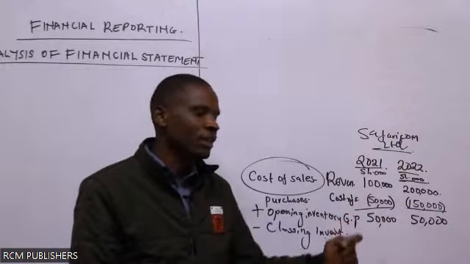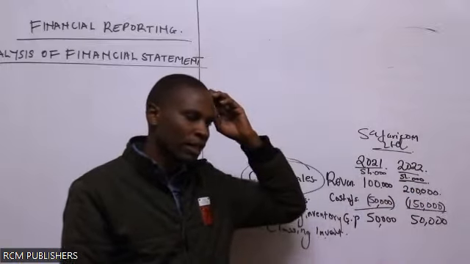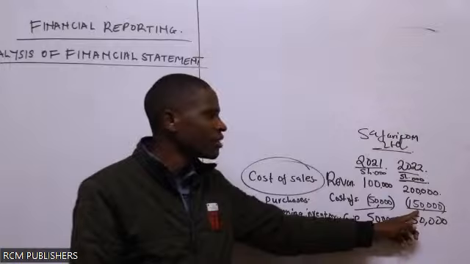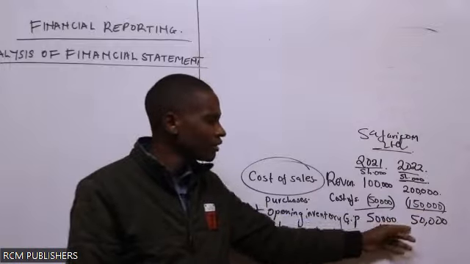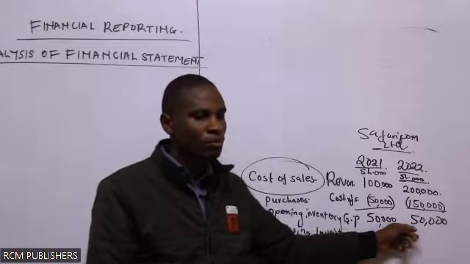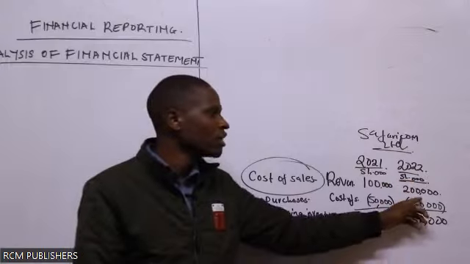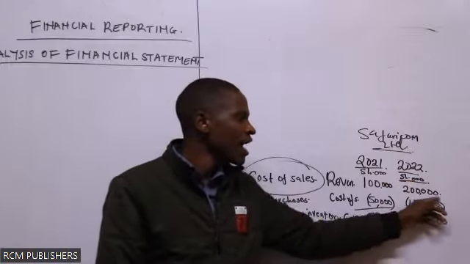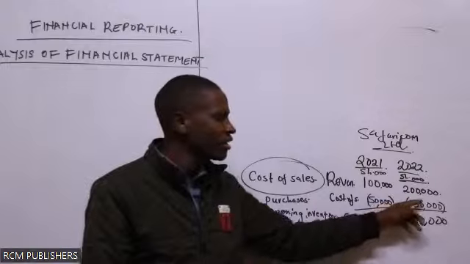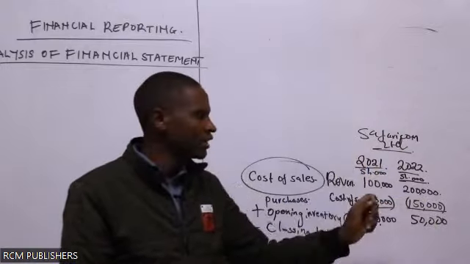The cost of goods sold was higher in 2022, and that leads to gross profit being the same for the 2 years. So there is an effect of a higher cost of sale in the income statement.